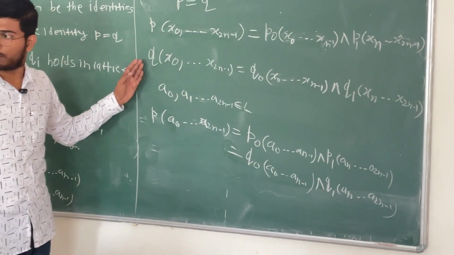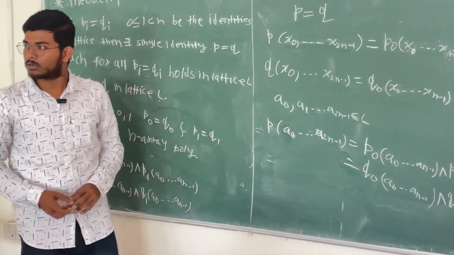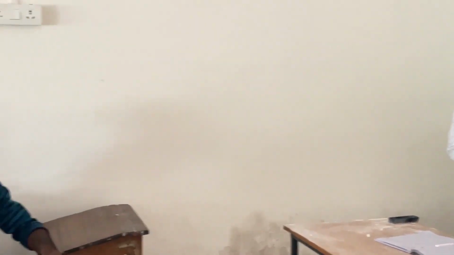This is our Q of x0 up to x2. It follows. That is what we are checking, right?